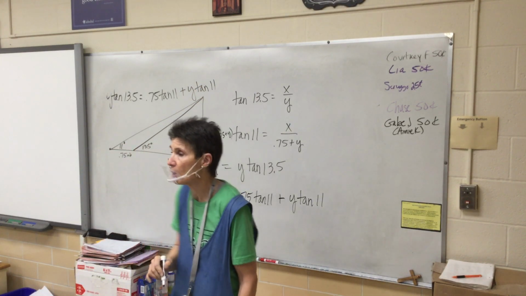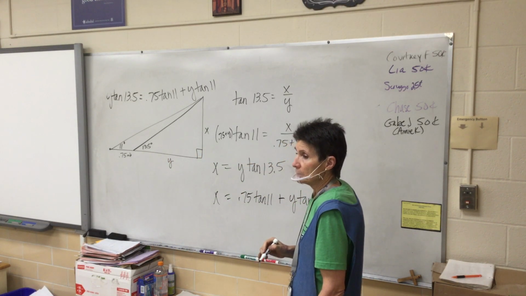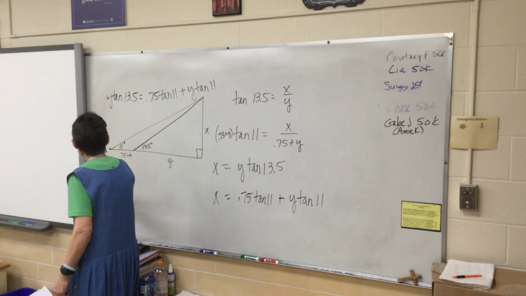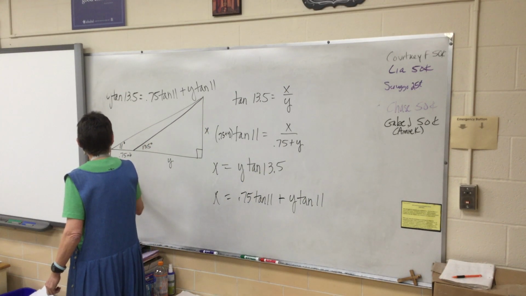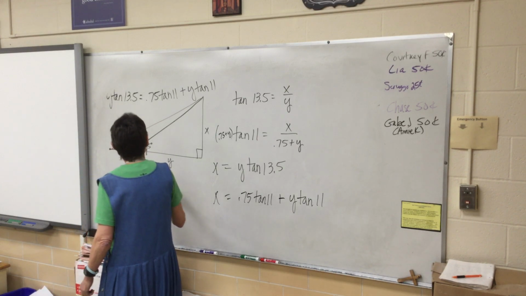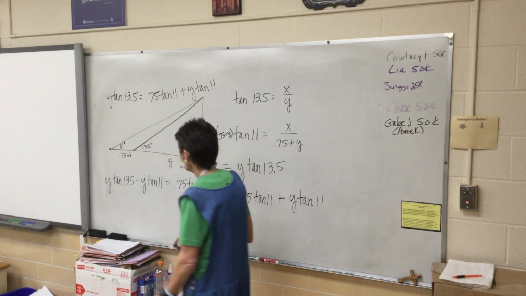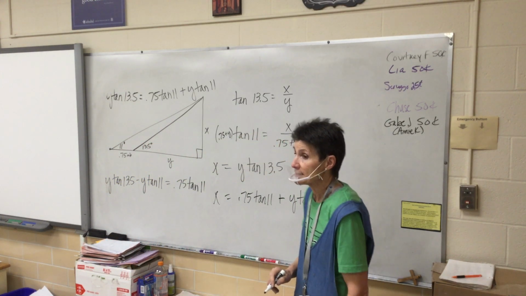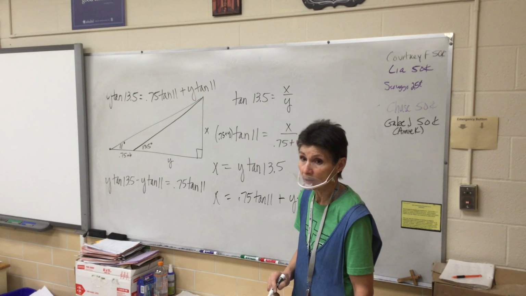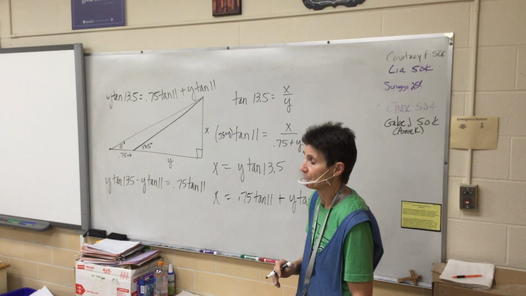Okay, how do we go about solving something like that? Put the y's on the same side, so we're going to bring this one over. So we have y tan 13.5 minus y tan 11 equal to 0.75 tan 11. So we set our 2 equations equal to each other, and then moved all of the y's, or whatever the variable is, to the same side.